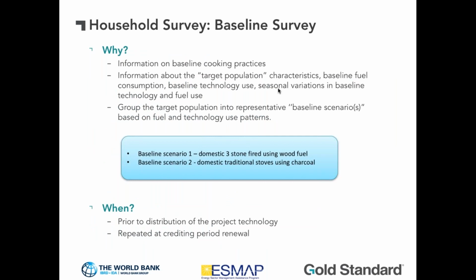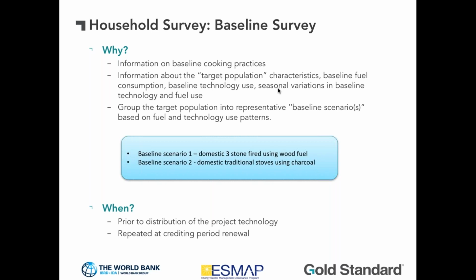The first survey which is required to be conducted as per this methodology is a baseline survey, which will provide information on the cooking practices in the baseline scenario. By doing this survey, project developers will collect information about the characteristics of the target population, the amount of baseline fuel which is consumed, what are the typical technologies in use in the baseline population, and also how the technology and fuel is used seasonally.